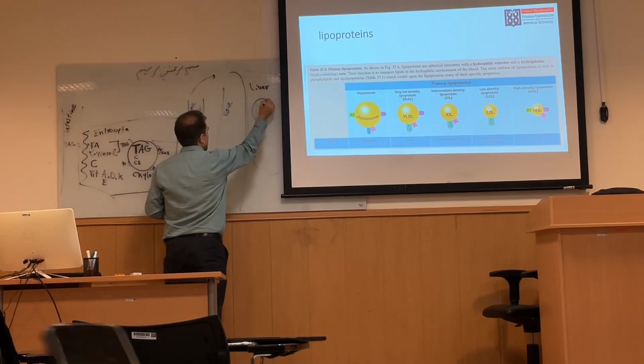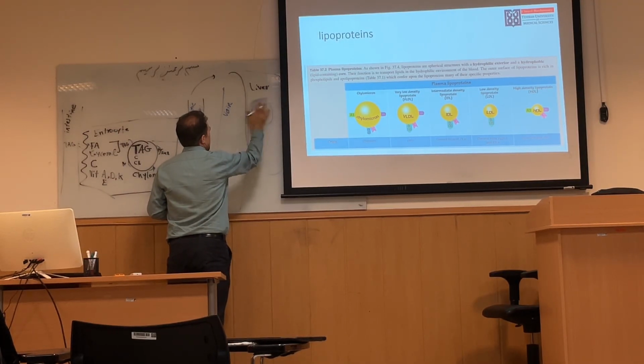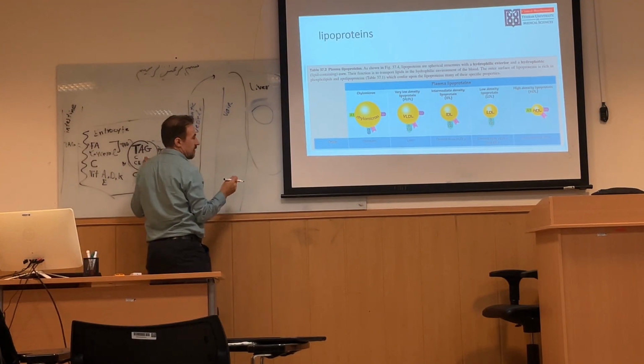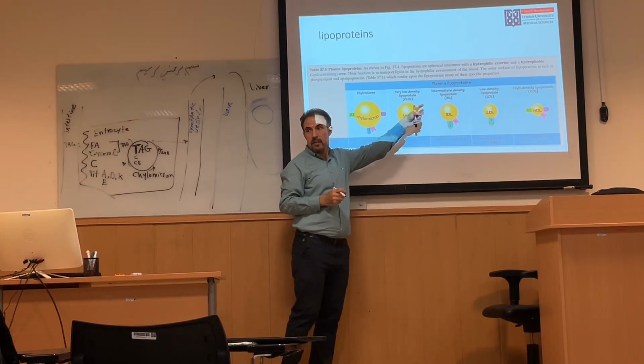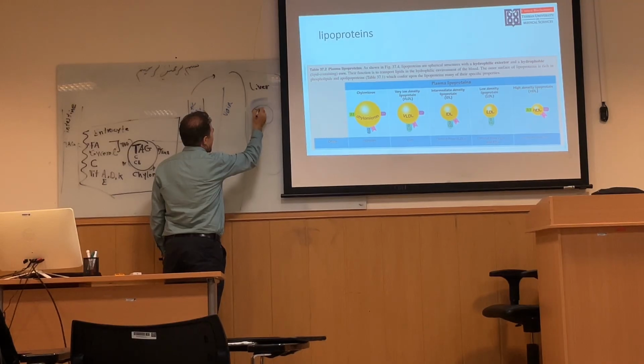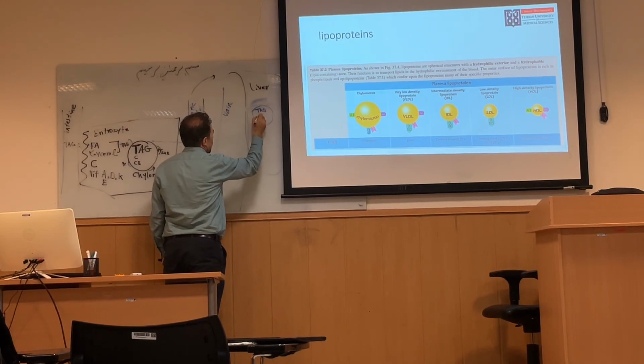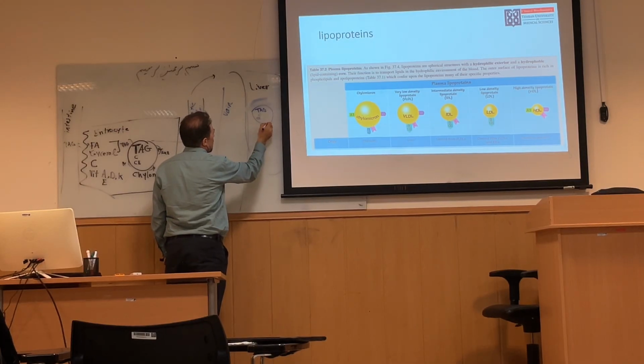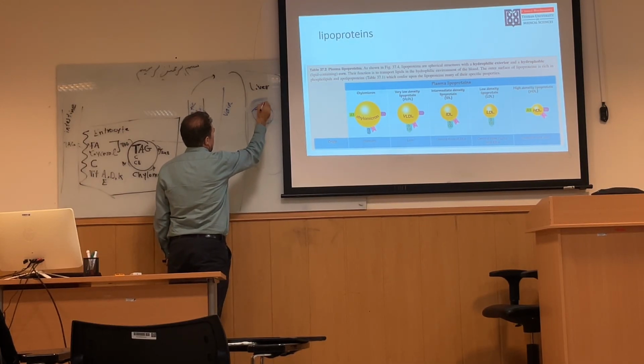Another lipoprotein. I'm going to show it smaller than this one because the size is smaller than chylomicrons. Also, we have mainly triacylglycerols and cholesterol ester, and also phospholipids on these membranes, and some proteins.